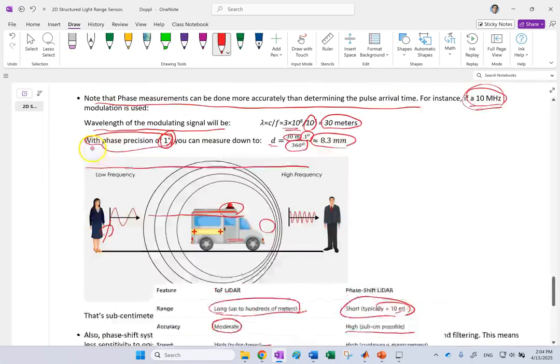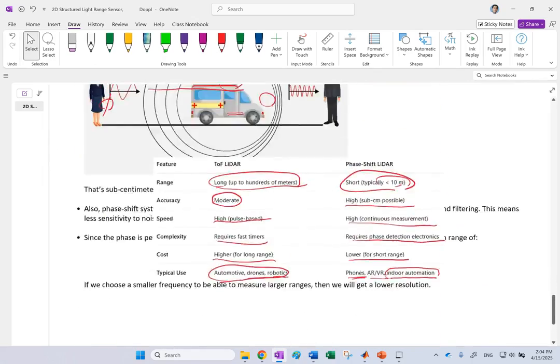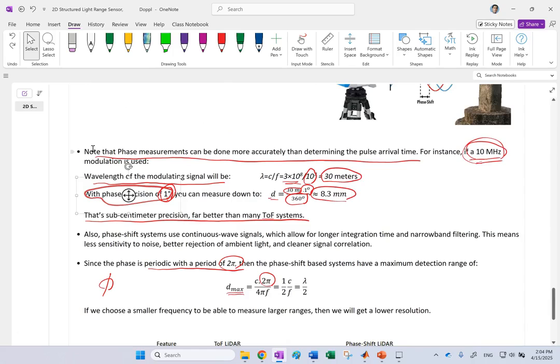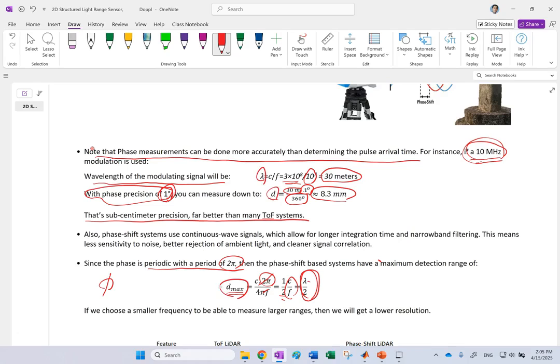If you simplify, the 2 pi and 4 pi cancel. You get 1/2 of c over f, which is lambda over 2. So if you were wondering why the distance is related to lambda, you can see it here.